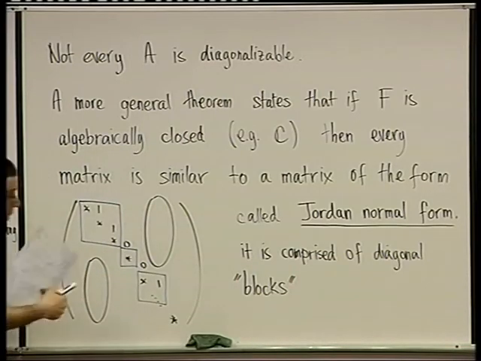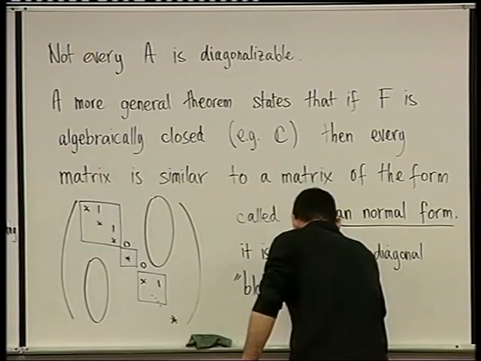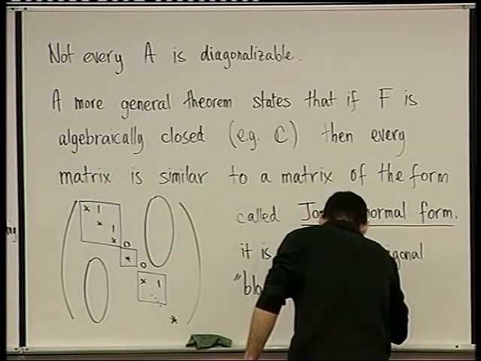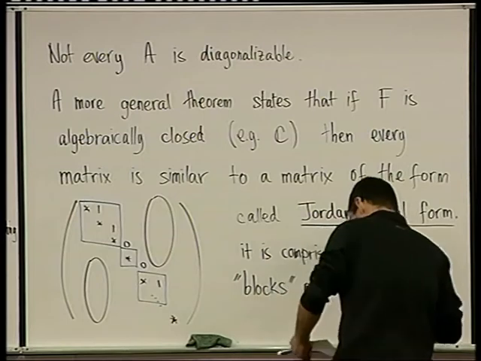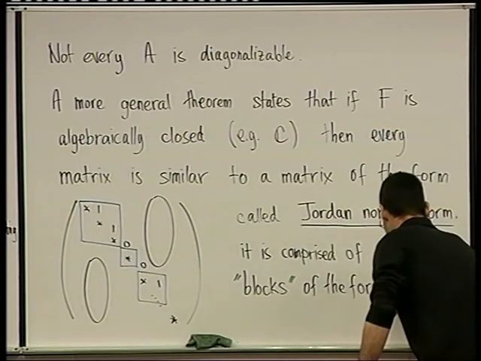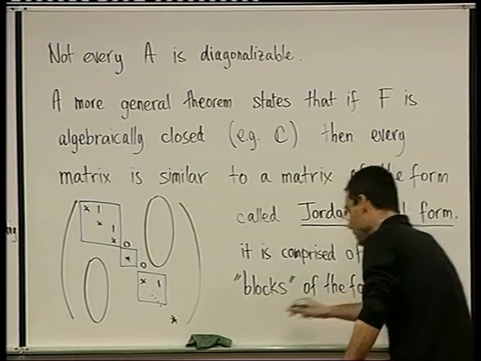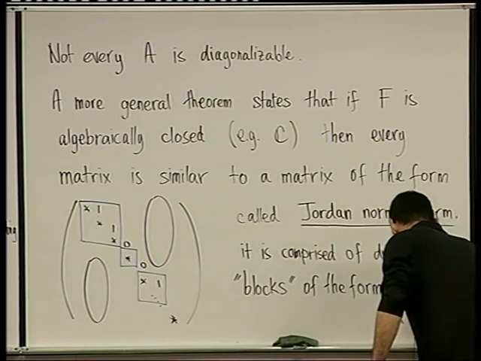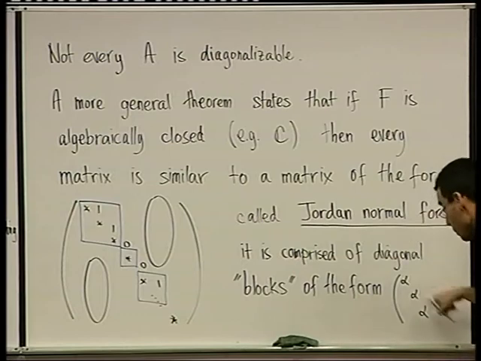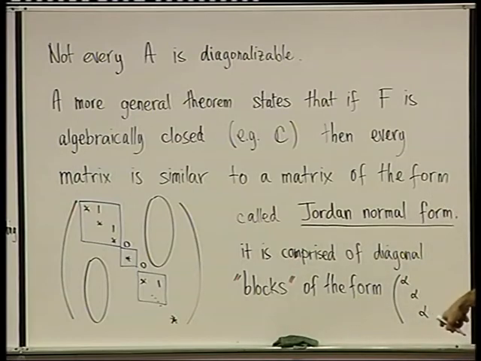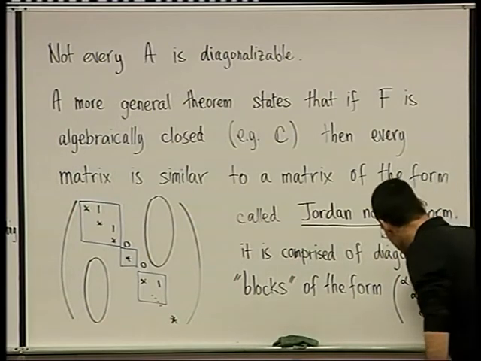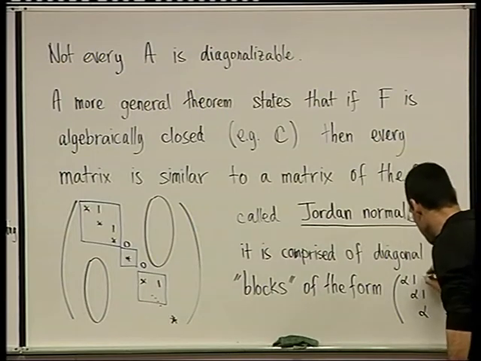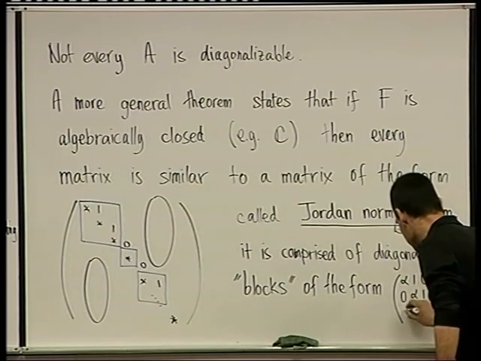Each block is of the form: some eigenvalue on the diagonal with its multiplicity. So the same alpha may appear 3 times, and then ones on the diagonal above it.